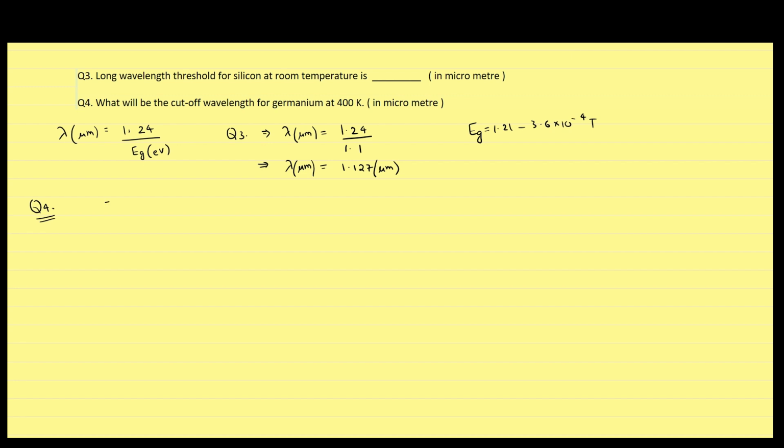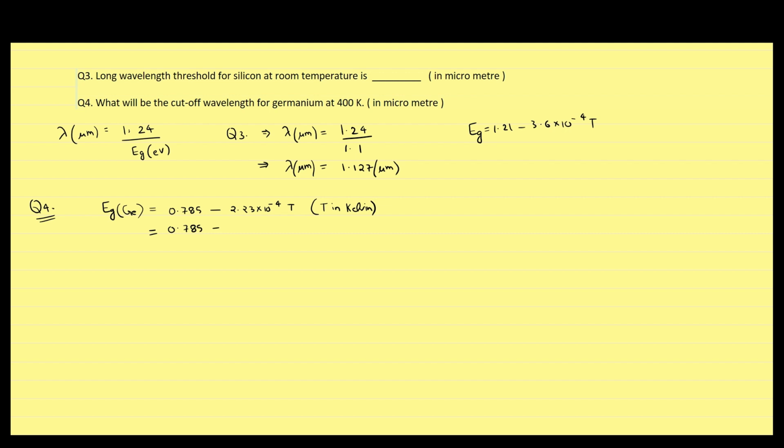And for the fourth question, what will be the cutoff wavelength for germanium at 400 Kelvin? Now here you have to use the formula. So the band gap energy of germanium at 400 Kelvin will be equal to 0.6958.